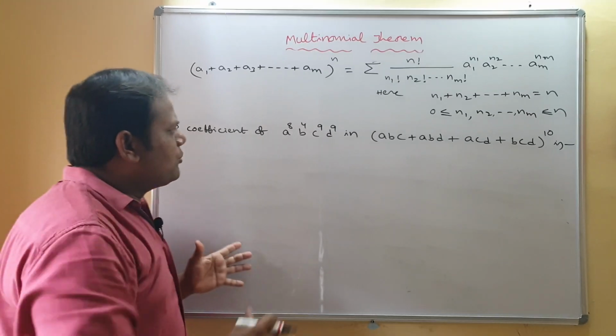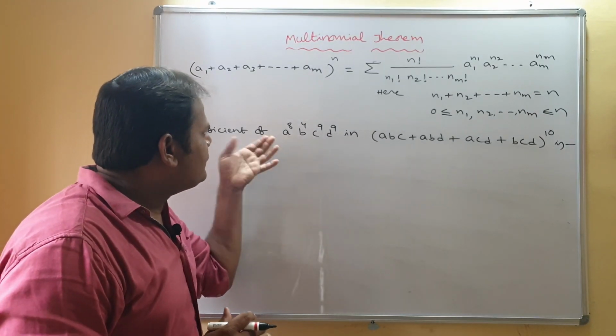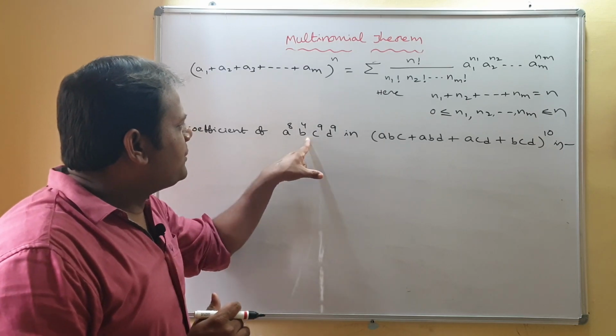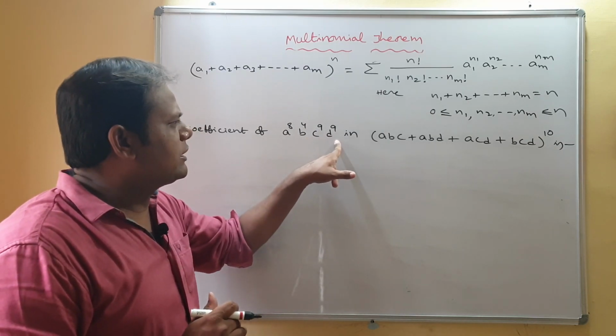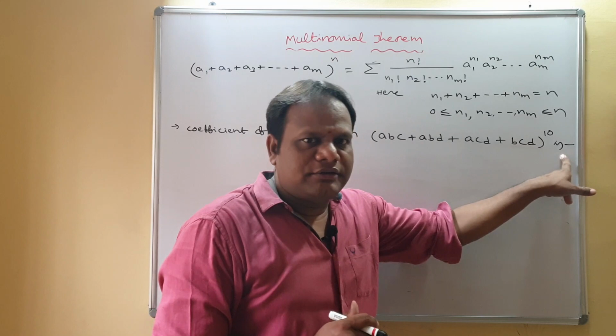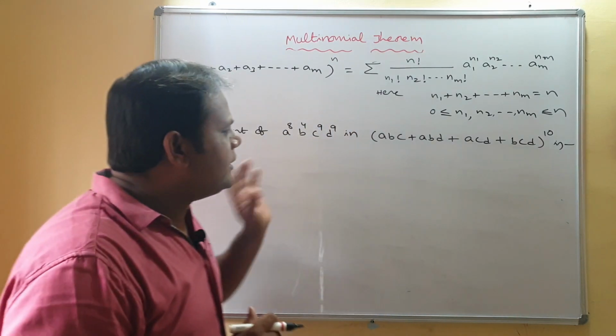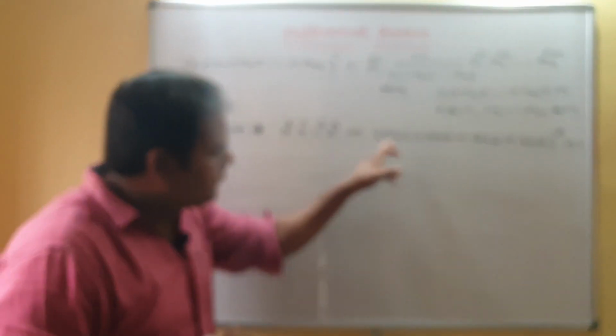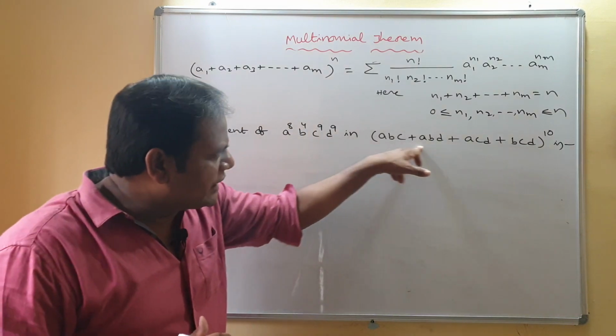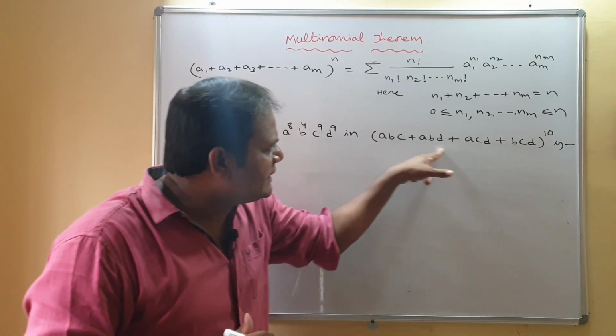See, coming to this problem, they are asking the coefficient of a power 8, b power 4, c power 9, d power 9 in this expansion. Here you can take a, b, c, d common.